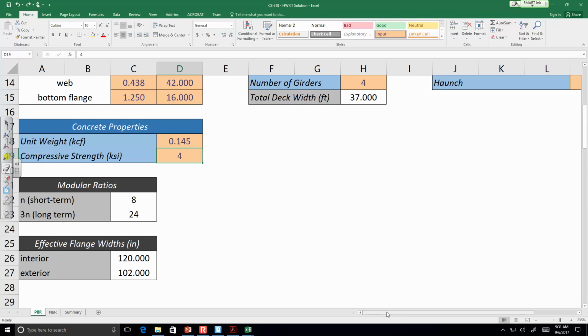Okay, does this work? No, it doesn't work for service limit state. Okay, let's all bump up the flanges, and then together they're able to tweak the girder. It's a pretty cool moment, but it only works if you've got robust enough spreadsheets. If you're having to hard code everything, it will take forever. So a little bit of work in the back end will make your lives a little easier.